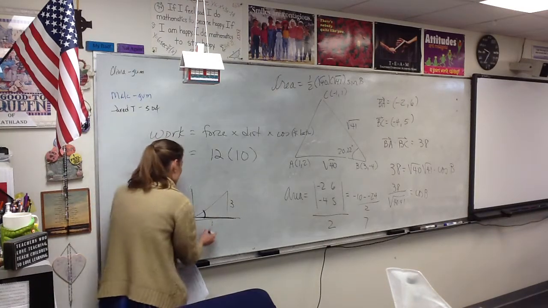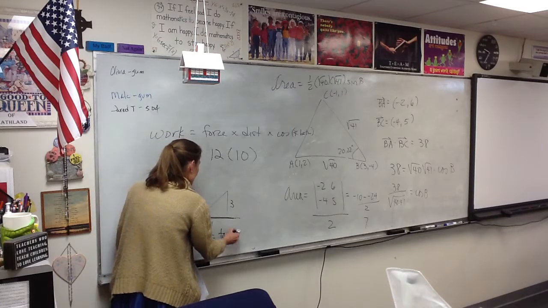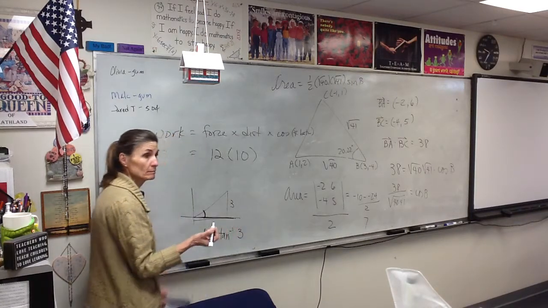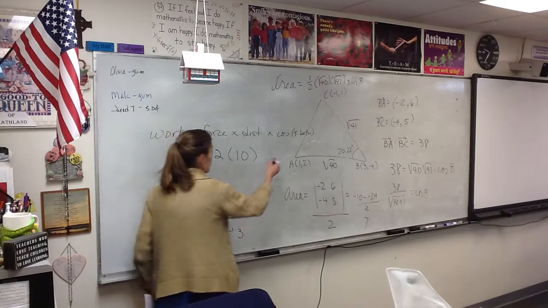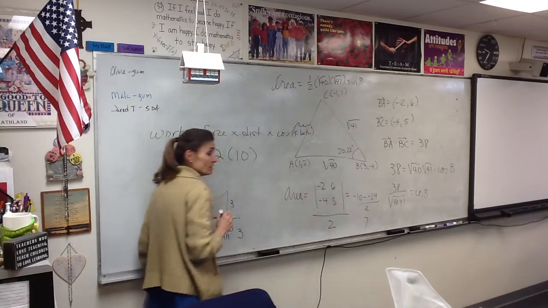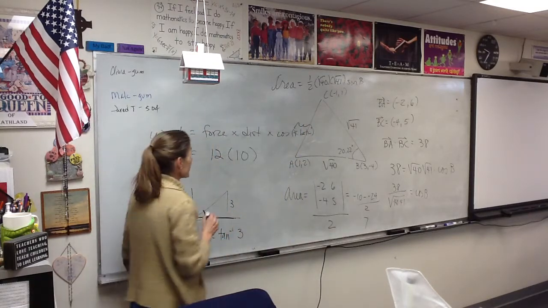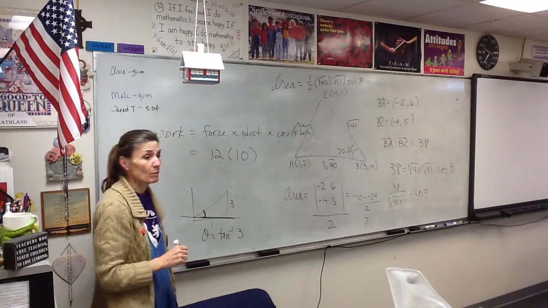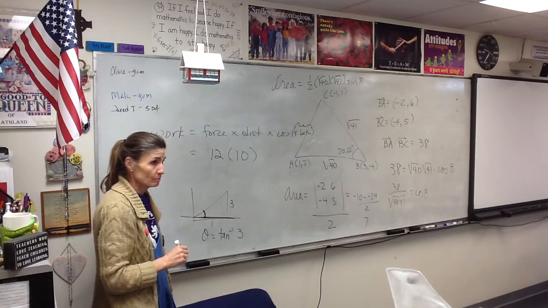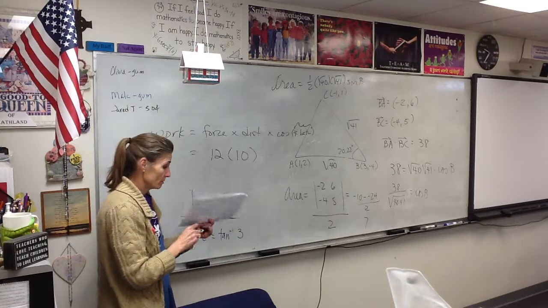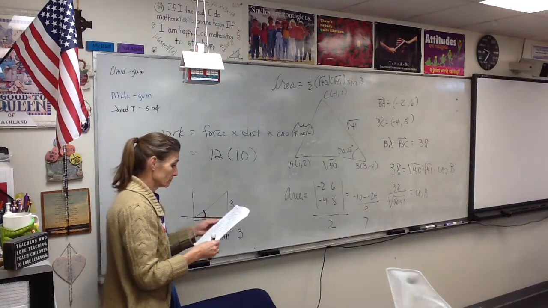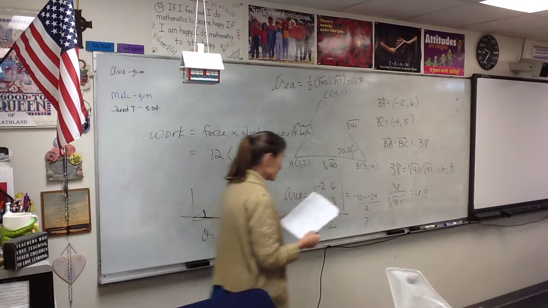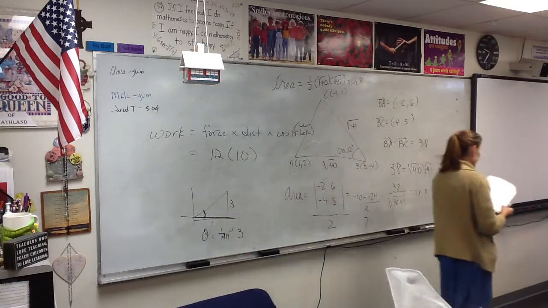The angle is inverse tangent of 3. And once I know that angle, that goes right here. So then I simply take the cosine of that angle times 12 times 10, and that would give me the answer. You need the direction of the force to find the angle.